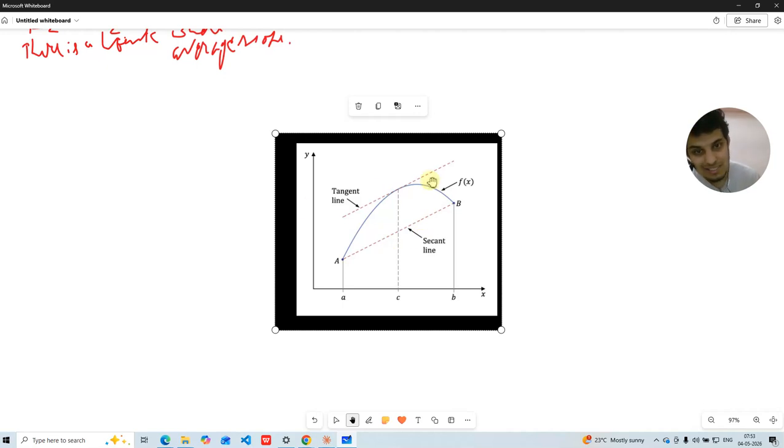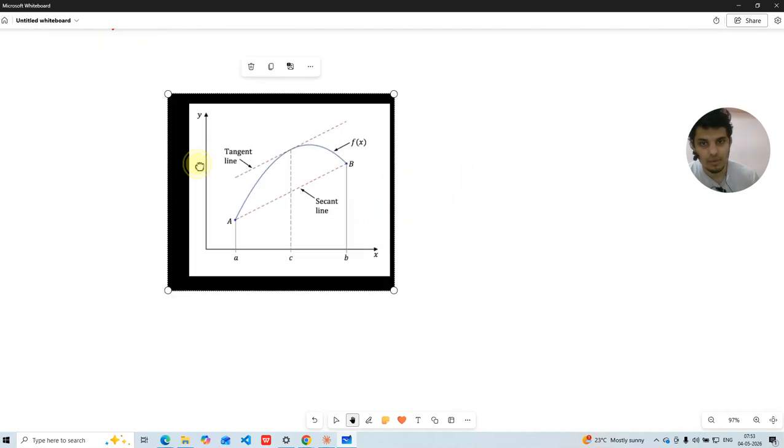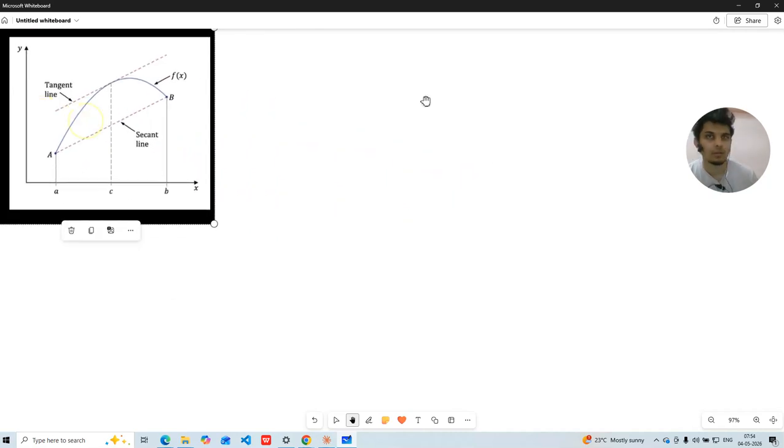And so there will always exist a point, tangent to which the line would be parallel to a secant line, which means the slopes are equal. I mean, you understand my point. Okay, so this is Rolle's theorem, and we have got the mean value theorem, and then we have the extreme value theorem.